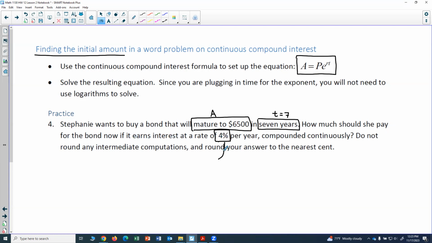So that gives us r equals 0.04, compounded continuously. That's what tells us to use A equals Pe to the rt. Do not round any intermediate computations, but round your final answer to the nearest cent.